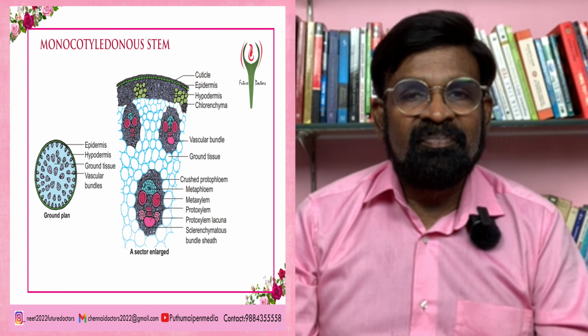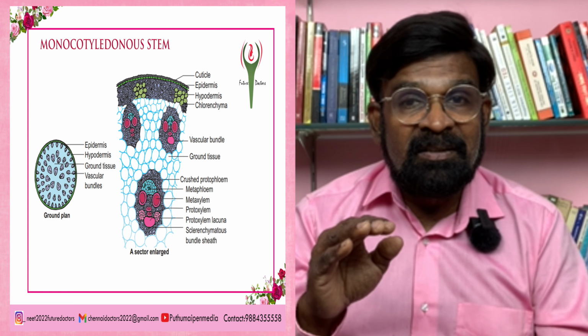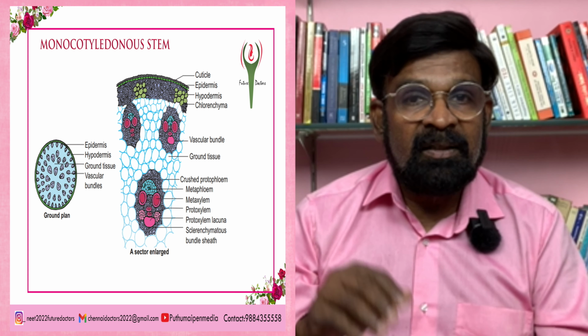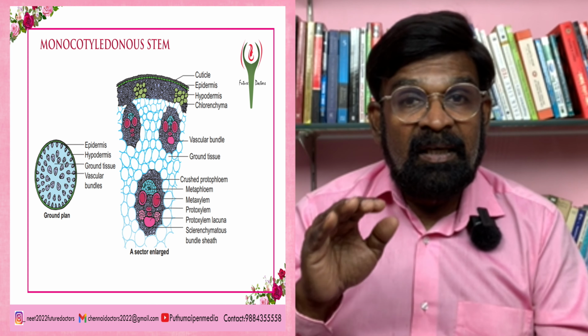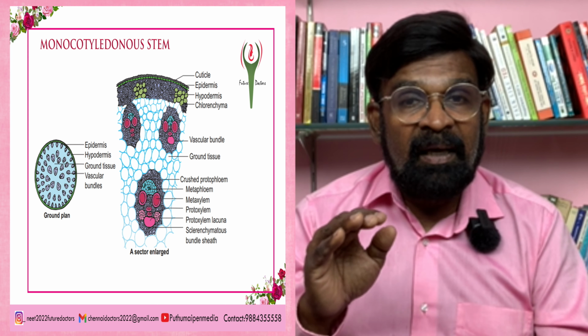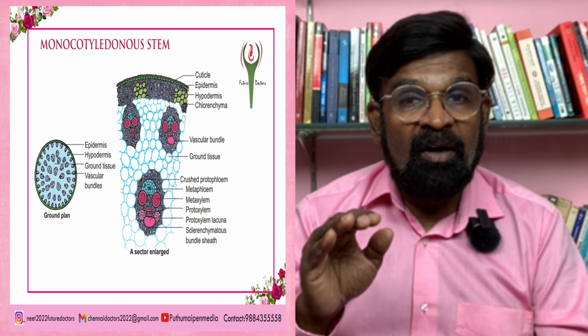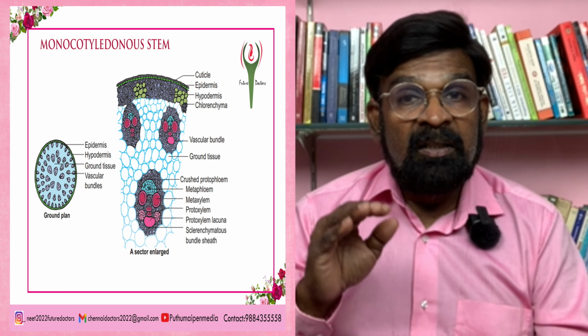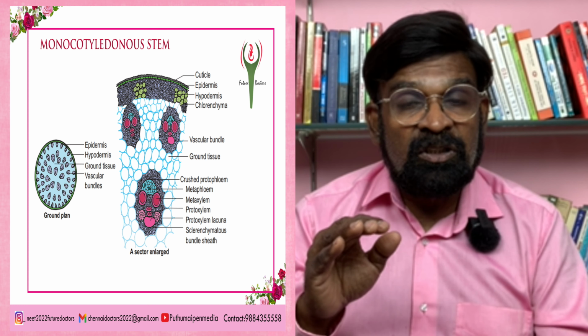Vascular system. The vascular bundles are conjoined, collateral, endarch and closed. Each bundle is surrounded by a bundle sheath of parenchymatous cells. The xylem consists of vessels or tracheae, tracheids, xylem parenchyma and xylem fibers.